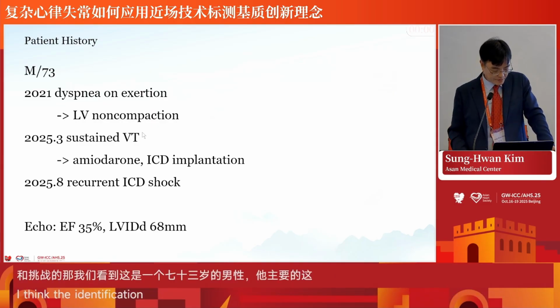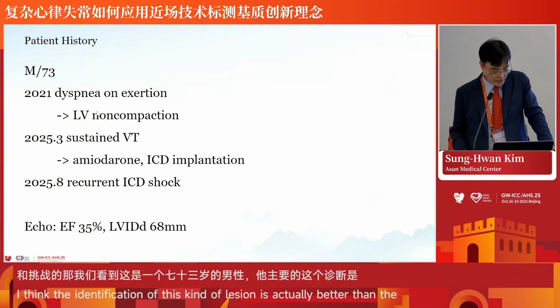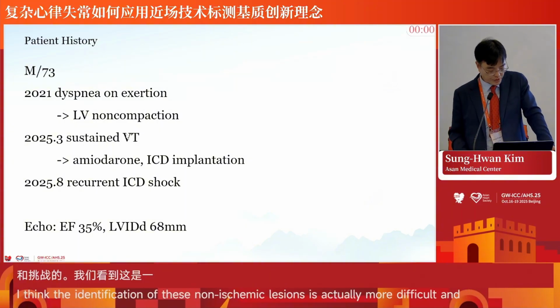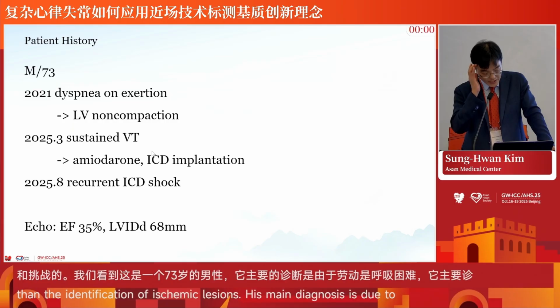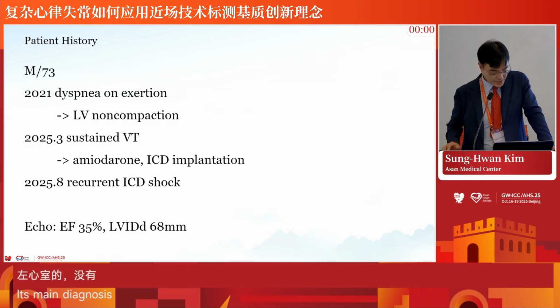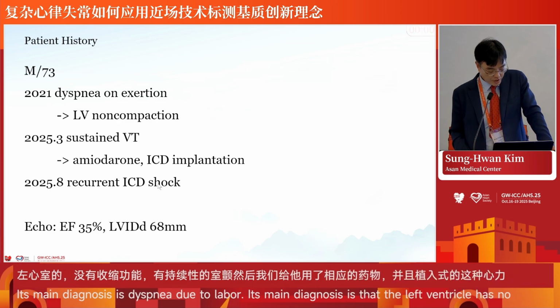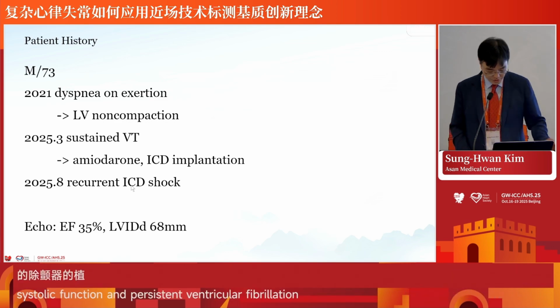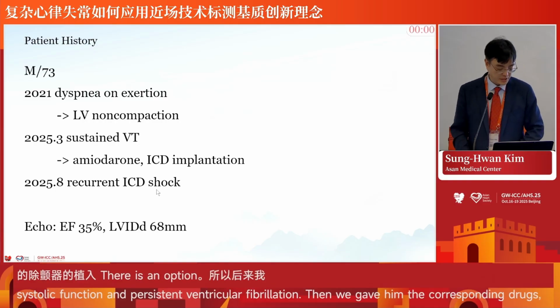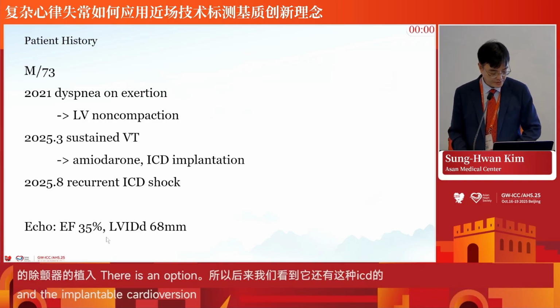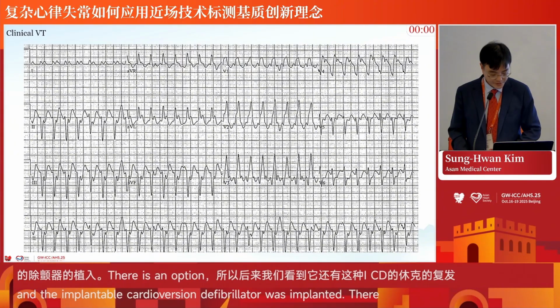Unfortunately, he suffered from sustained ventricular tachycardia. We tried to control it with amiodarone and ICD, but he suffered from recurrent ICD shocks. So there is no option other than to ablate the ventricular tachycardia. Ejection fraction is 35. This is the clinical VT.